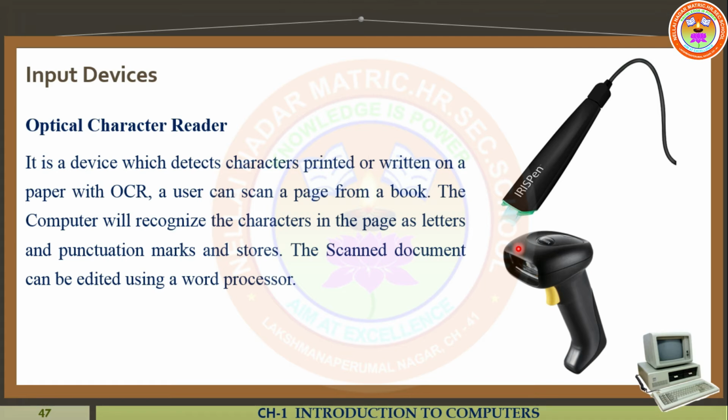The computer will recognize the characters on the page as letters and punctuation marks, and it will be stored. This is the main important device to read information from a textbook into the computer. Finally, the scanned document can be edited using a word processor. So you can easily edit it once you convey the information from the textbook to the computer. Okay, right.